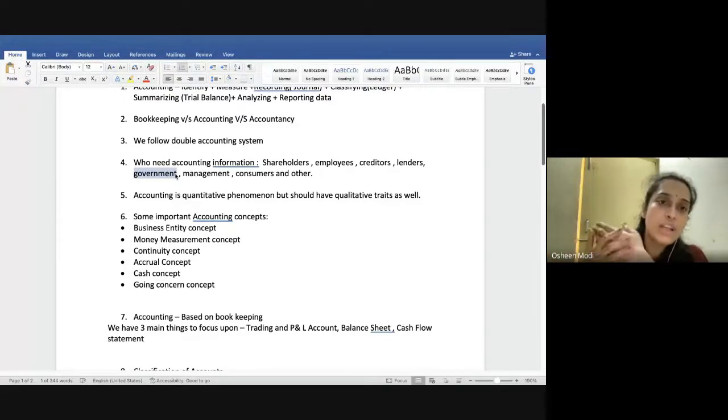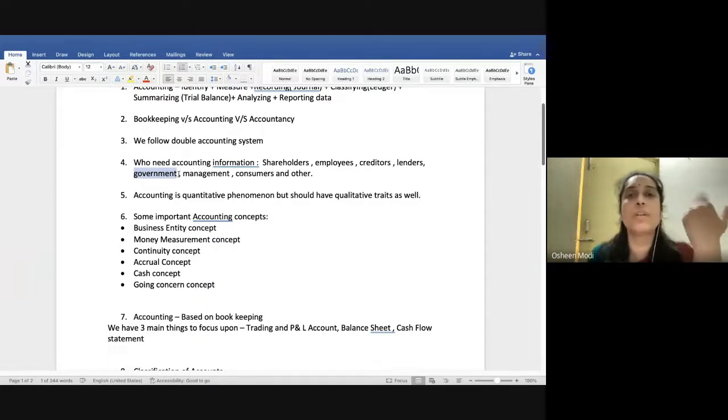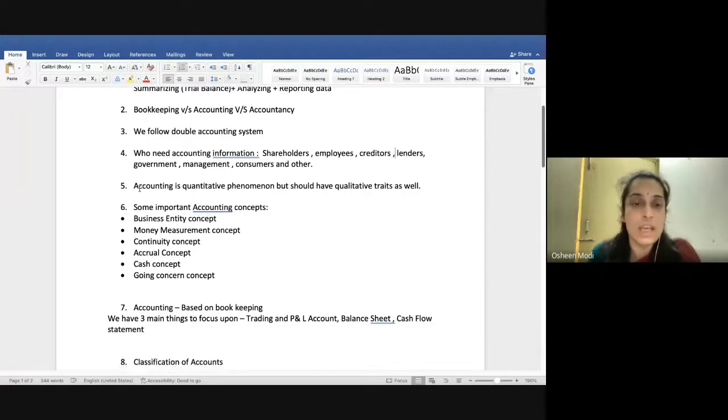So if any kind of tax default is reported or miscalculation or some kind of money laundering is involved, then the government would definitely come into the picture and look into the company. But principally, shareholders, creditors, lenders, and the management are the ones who will originally look into the well-being of the company's accounting information. Accounting is a quantitative phenomenon but should have qualitative traits as well.